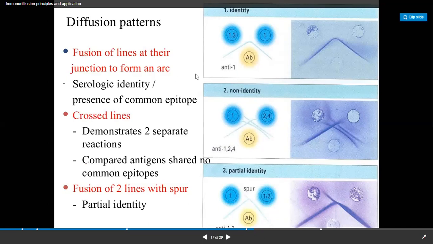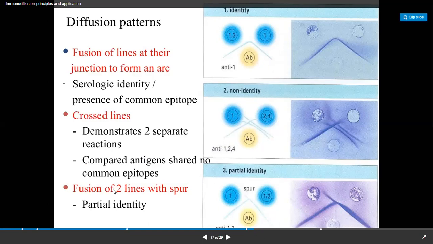So in this first pattern, that is identity, there is fusion of lines at their junction to form an arc shape. This is an arc shape. The second pattern demonstrates two separate reactions. The compared antigens shared no common epitopes. So these lines indicate that these antigens do not have common epitopes.